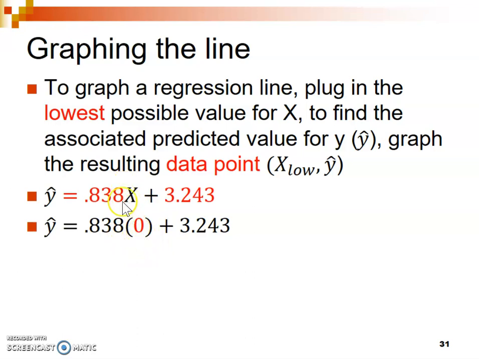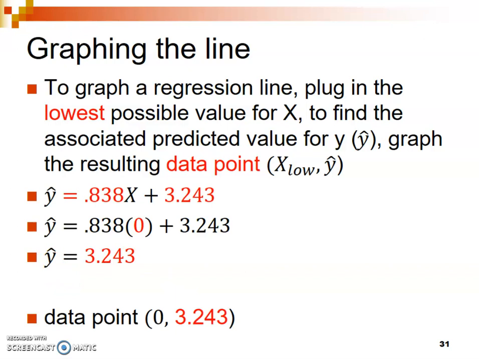So this indicates that we're multiplying that 0.838 by this x value of 0. Those two get multiplied first based on order of operations, and then we're going to add that y-intercept to it. When you work out that equation, that should leave you with the value of 3.243.